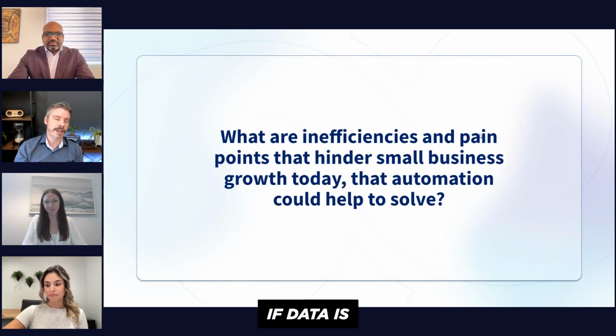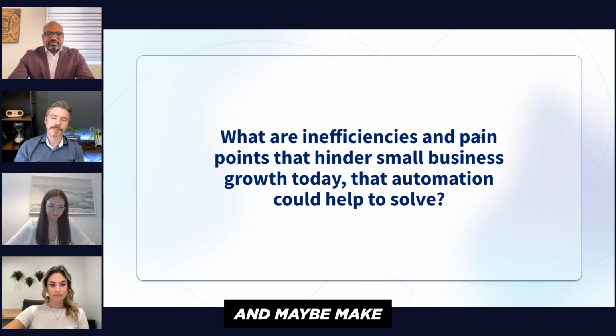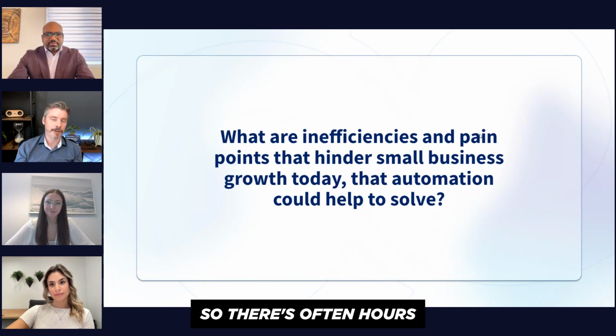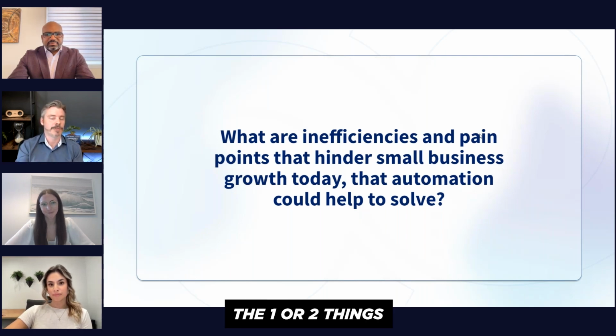For example, if data is accidentally adjusted, a customer logs into a system and maybe makes some changes, that can take a lot of time to roll that information back. There's often hours of time wasted, money lost, simply trying to get those one or two little things fixed, or find the one or two things that are wrong and roll it back.